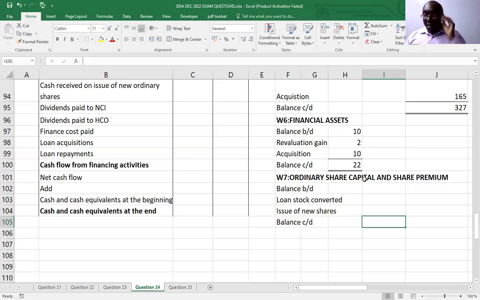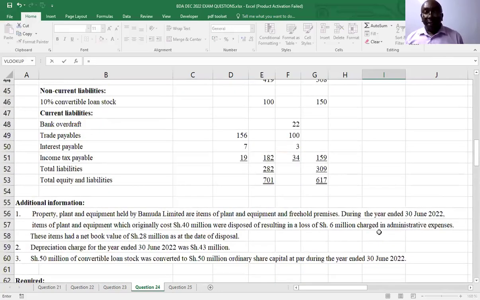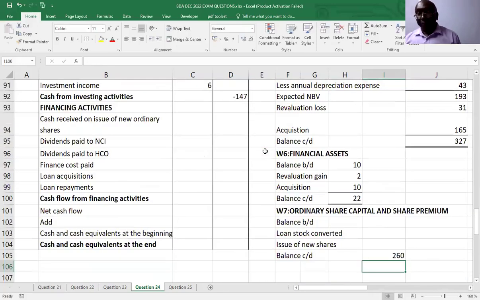Sasa the opening balance, so I can start with the closing because that is where my cursor is. The closing is, tumesema we are combining, so we will say it is this 230 plus this 30. That's my closing.